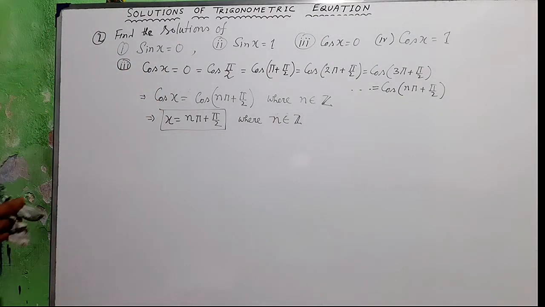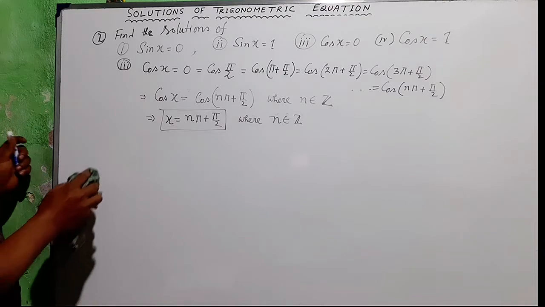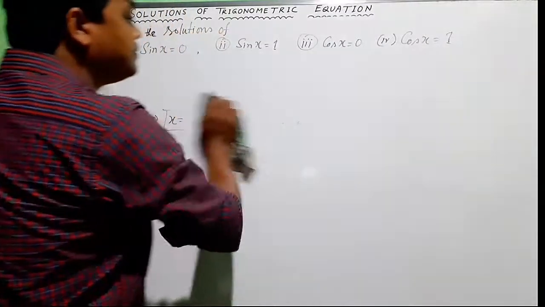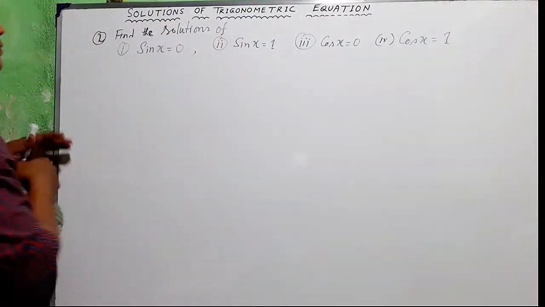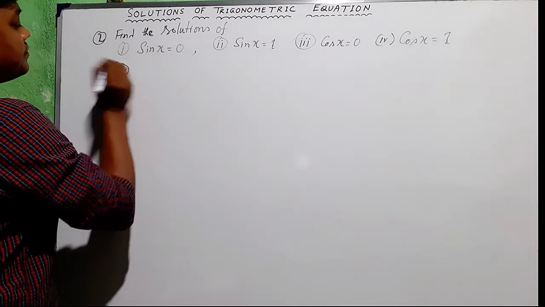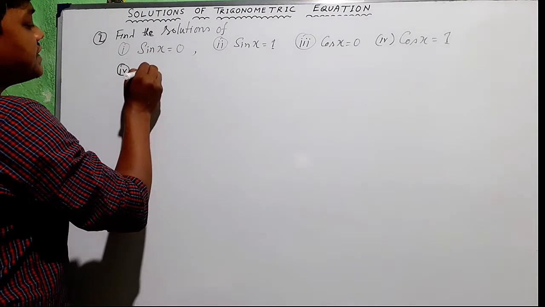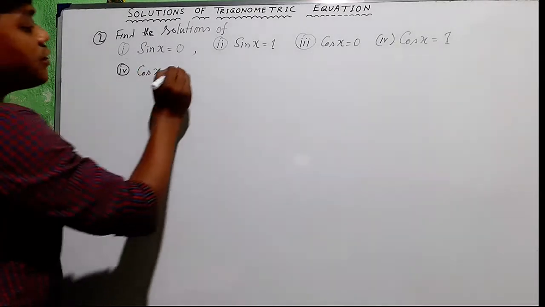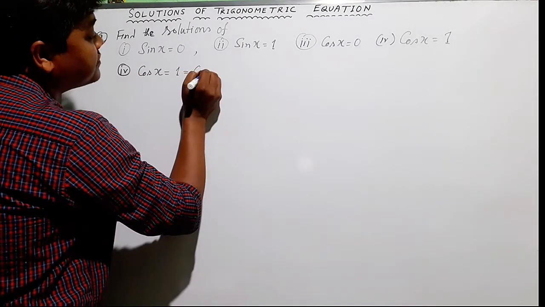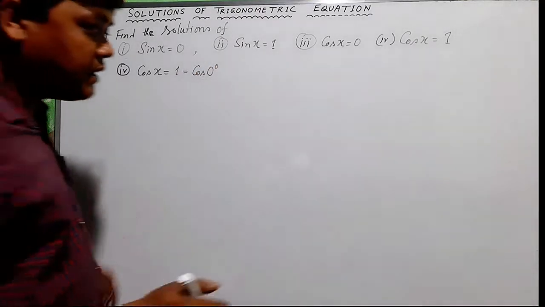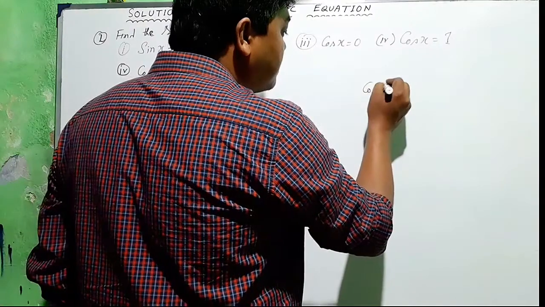Okay, so next I erase this part. Next, problem number 4. Cosine x equals 1. Now we know that cos 0 degree is 1. And cos pi, what is the value of cos pi?